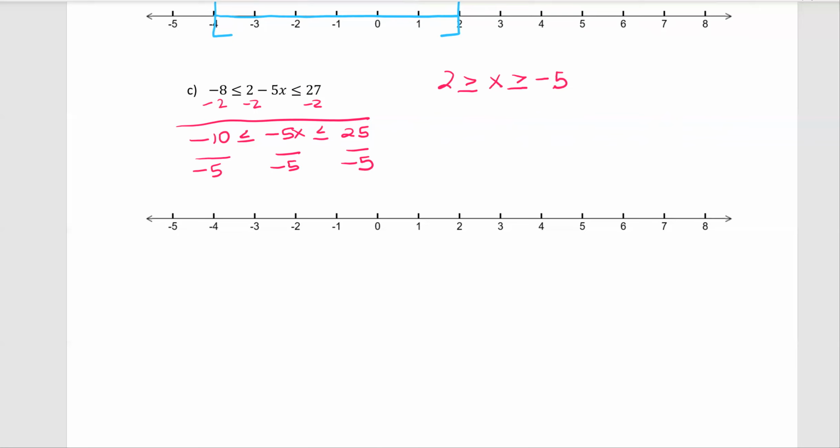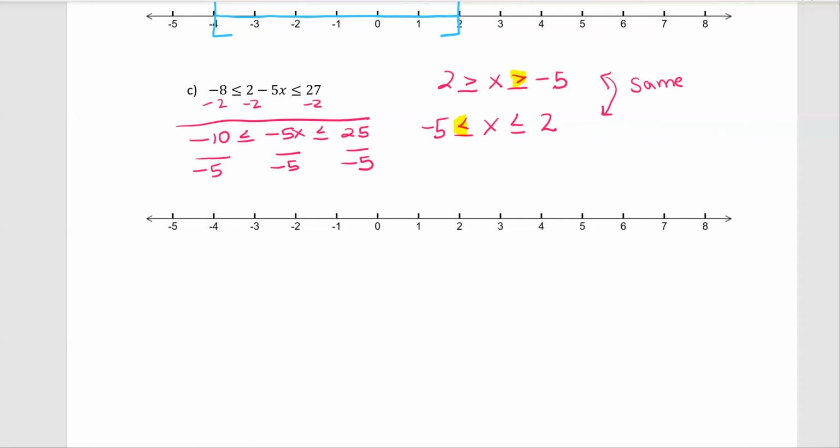All right, this is in descending order. We want the smallest number on the left. So I'm going to rewrite this in ascending order. These two are the same. If the arrow is pointing to the -5, it is still pointing to the -5.